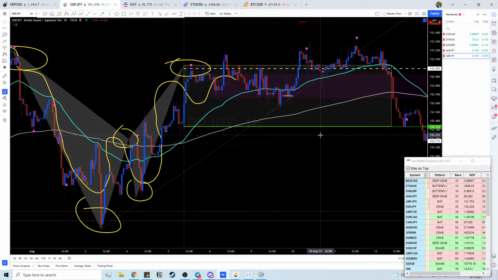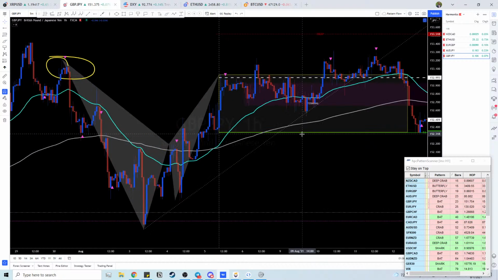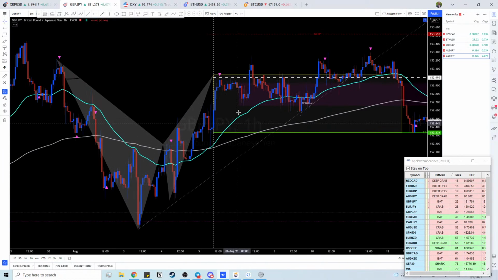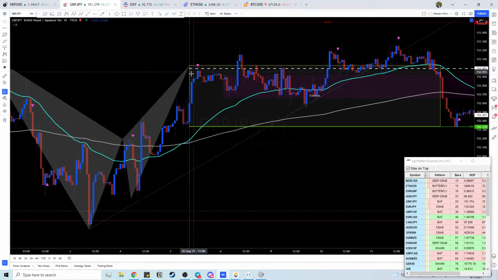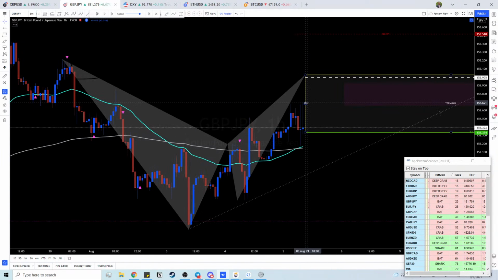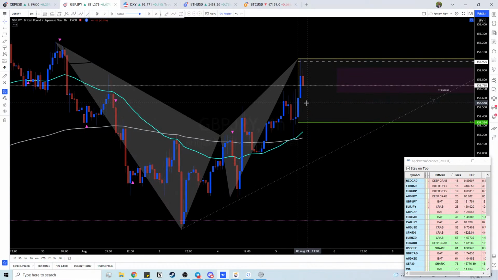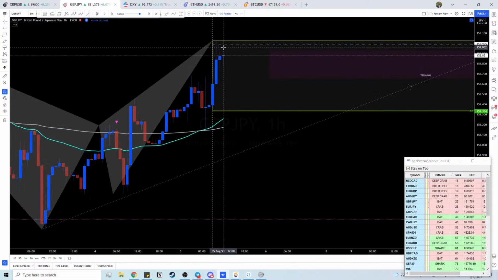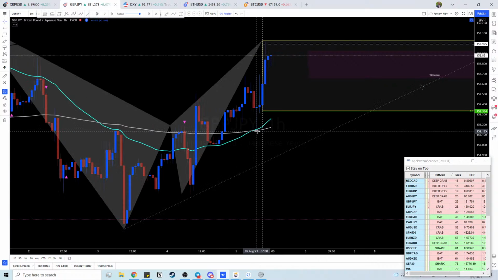So how I have this set up, let me delete all that stuff I just drew. If you look at this vertical line right here, this is where the pattern completed. Let's replay it. Once the market closed up here at 152, we're on pound yen. The time doesn't matter right now, I'm just trying to visually show.